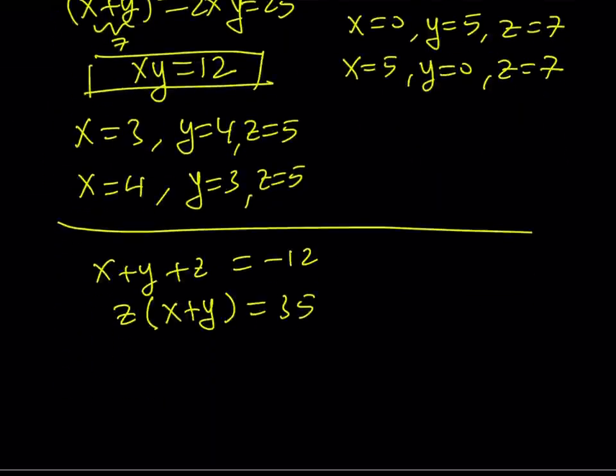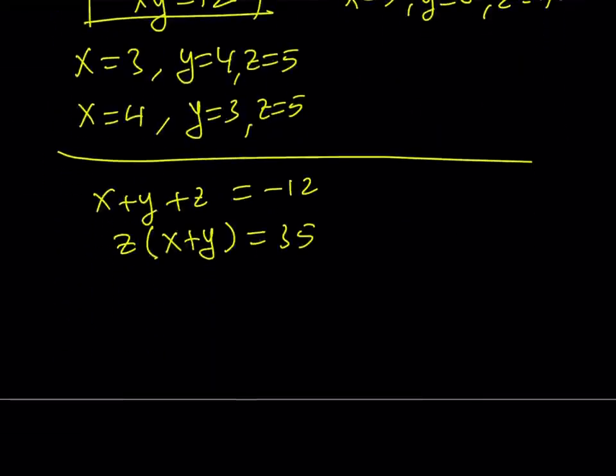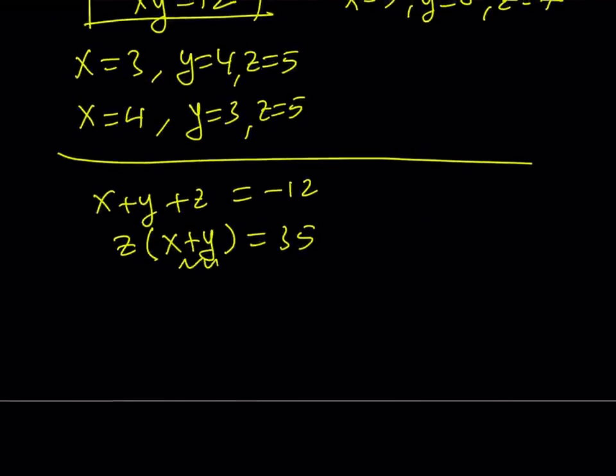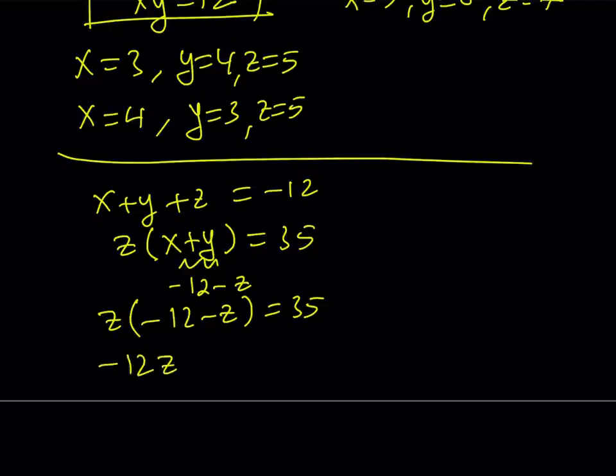Okay, so now we have pretty much the same situation. The only difference is you're going to replace x plus y this time with negative 12 minus z. Therefore, you're going to be getting a different quadratic this time. Let's go ahead and solve it. We get negative 12z minus z squared is equal to 35.